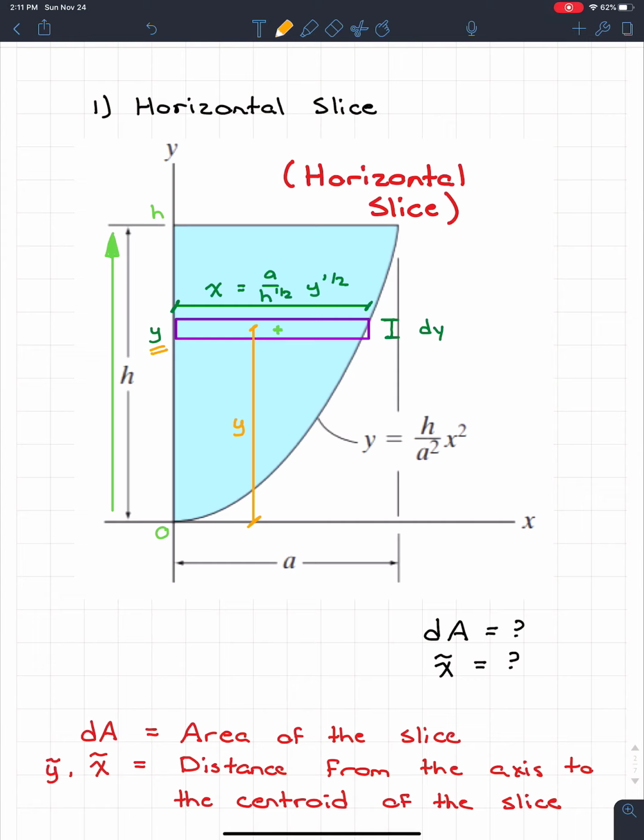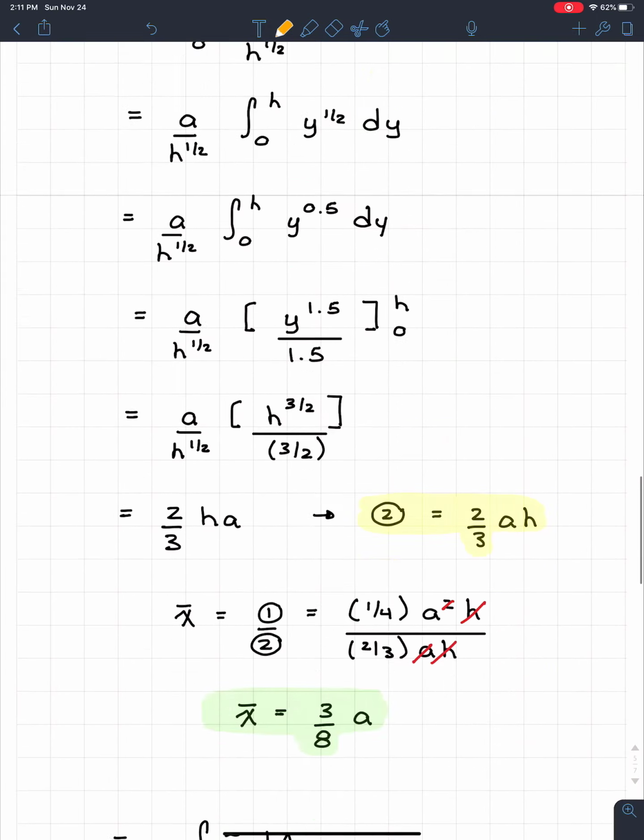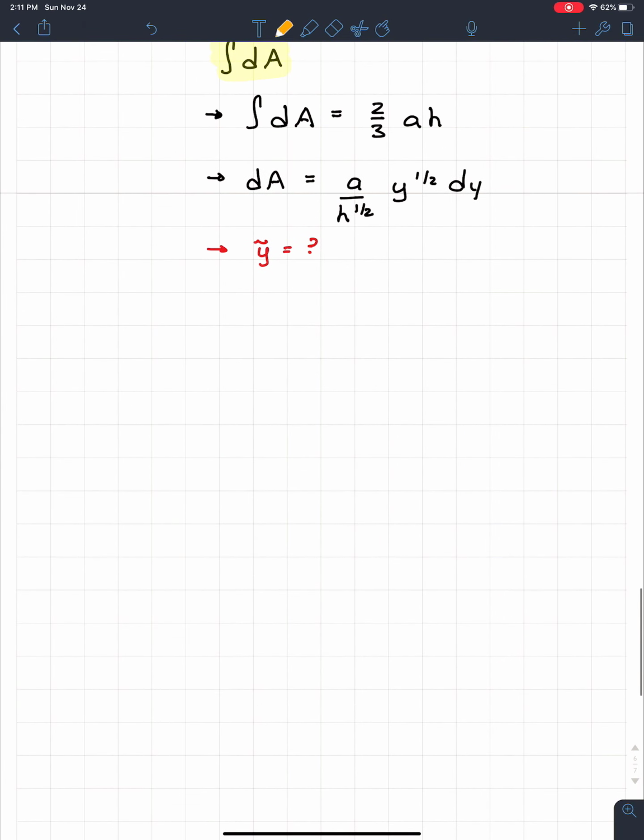The slice can be located anywhere in those boundaries, so it's just going to be equal to y. So y squiggle was mysterious, but now we know y squiggle is just equal to y. And for a horizontal slice, this is always the case. Very, very nice. Our y squiggle is going to be equal to y every time if we take a horizontal slice.